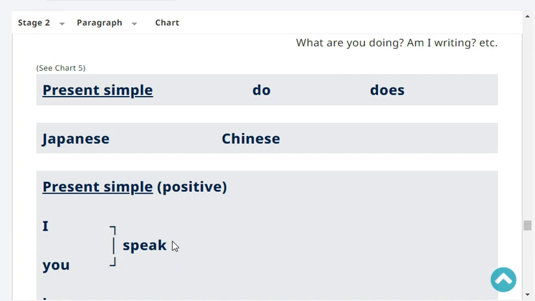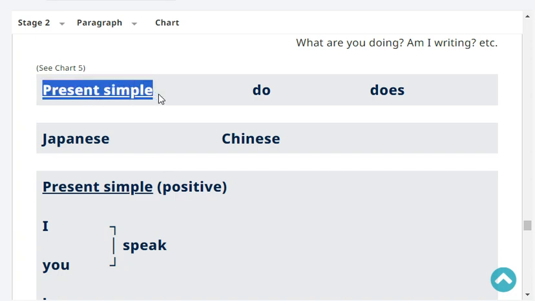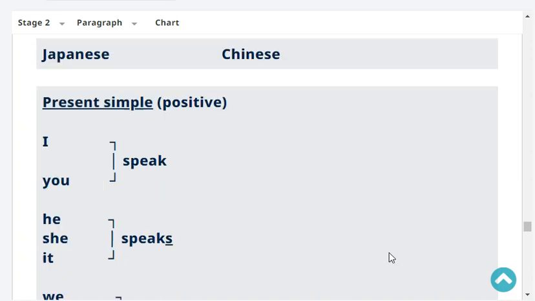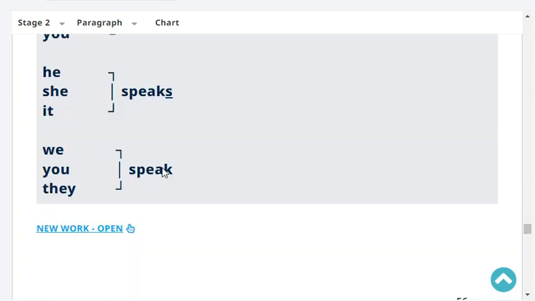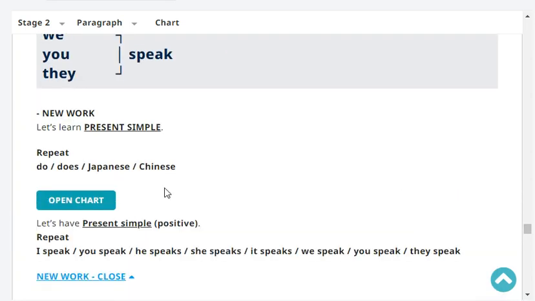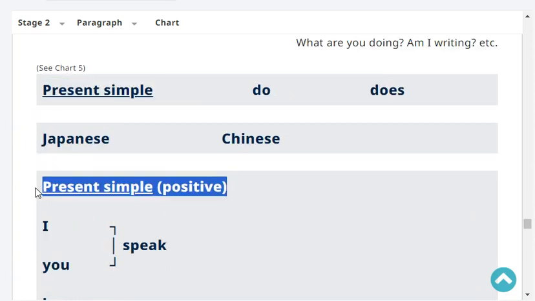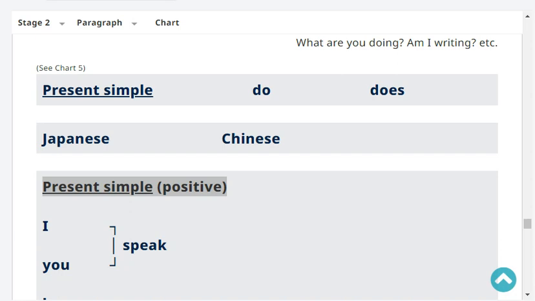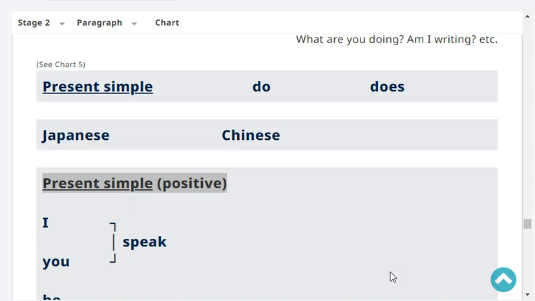So that's the verbs that we do now, the actions that we do now. There's another side, present simple. Present simple is the things that we do generally, not now, but we always do.